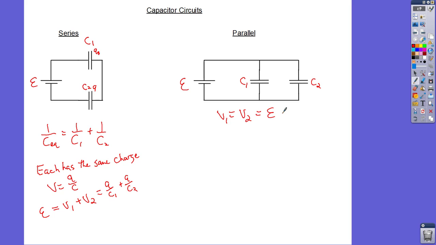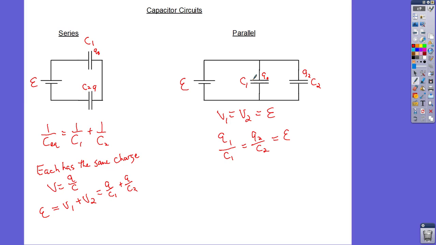So you could also say that since they have different capacitances, they might have different charges on them. So Q1 over C1 has to equal Q2 over C2, and those both have to equal the EMF.